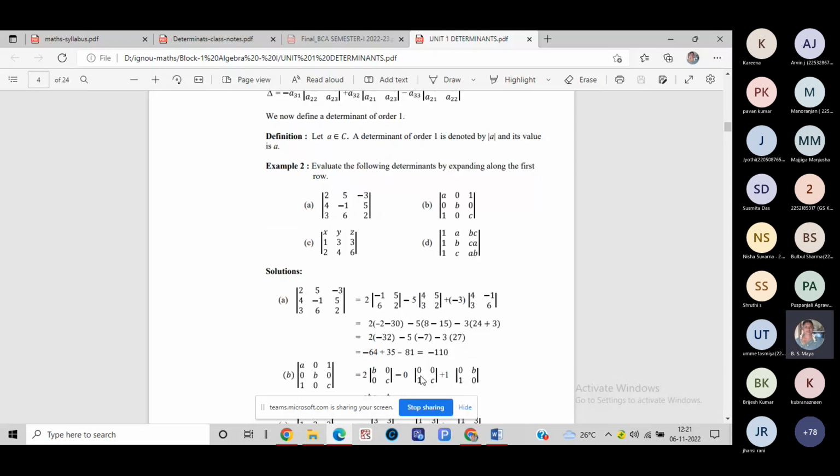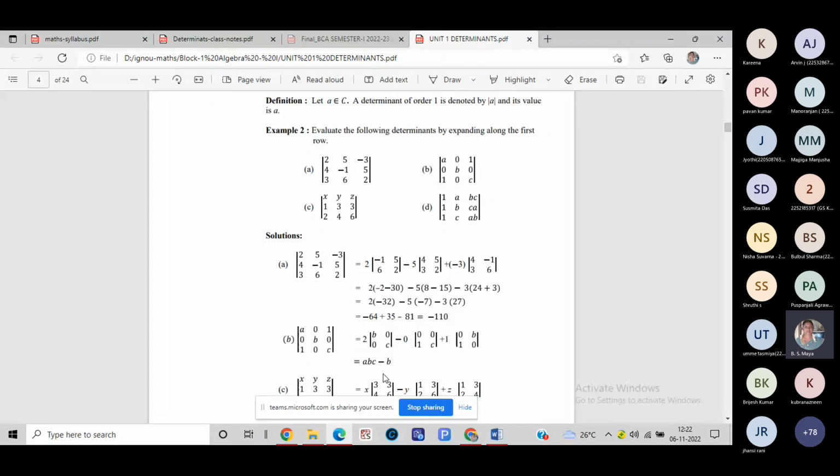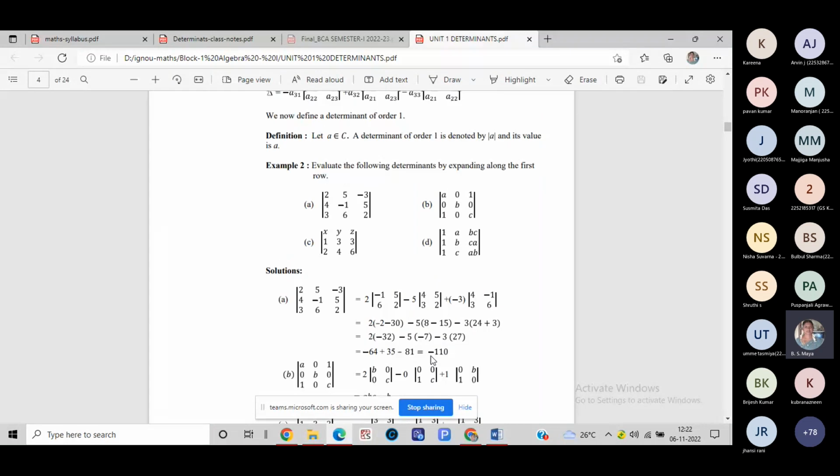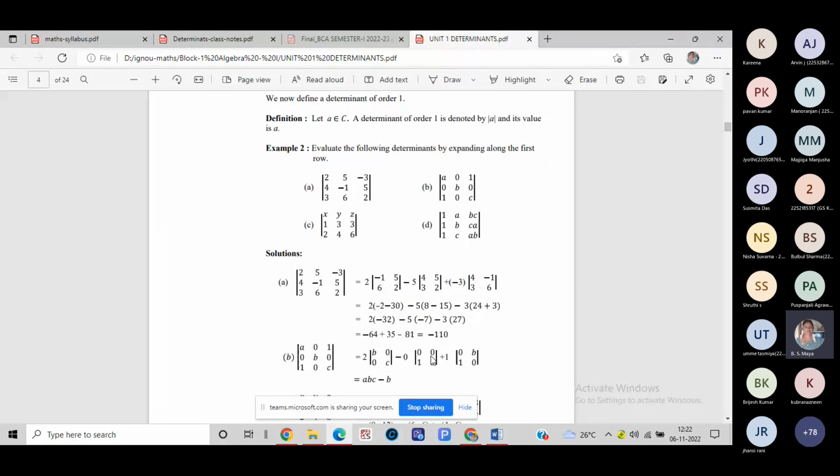You have a 0 term, cancel it there itself in the beginning steps. 0 multiplied with any of the terms will always give 0. No need to multiply 0 into C. 1 into 0 is 0, cancel that step. Directly you will get ABC minus B. If you want to take a common factor, take B as the common factor. You can write B(AC minus 1) also. Correct?